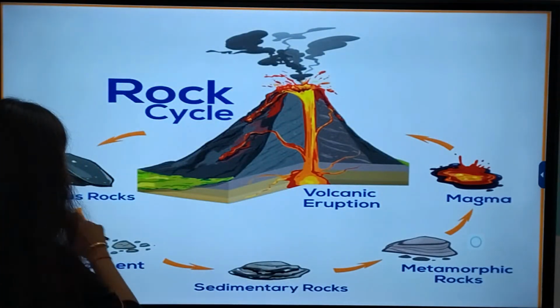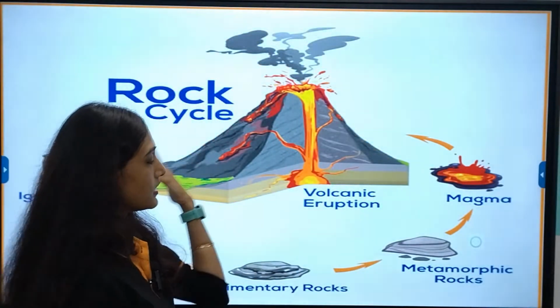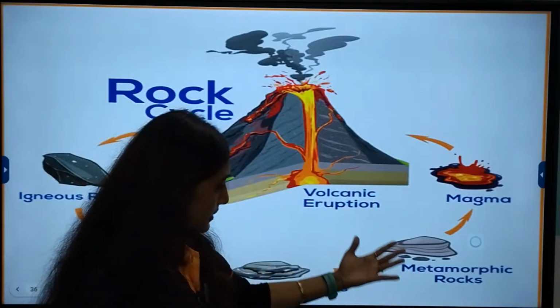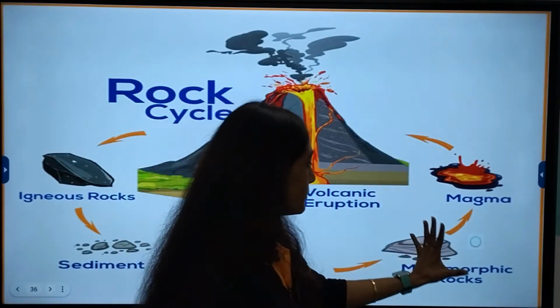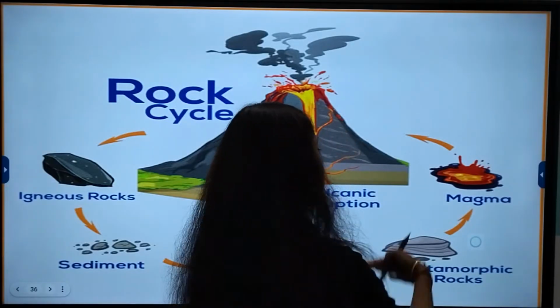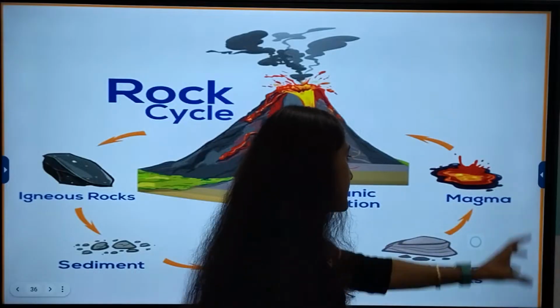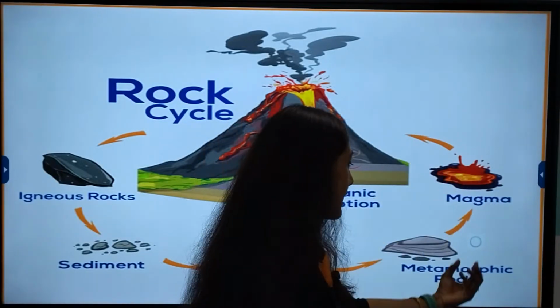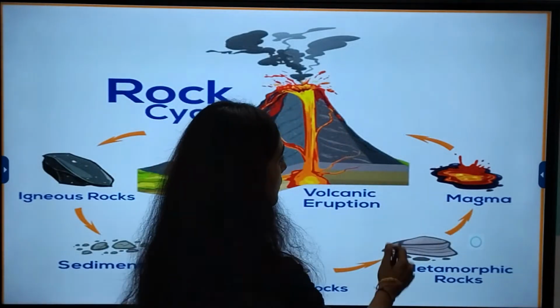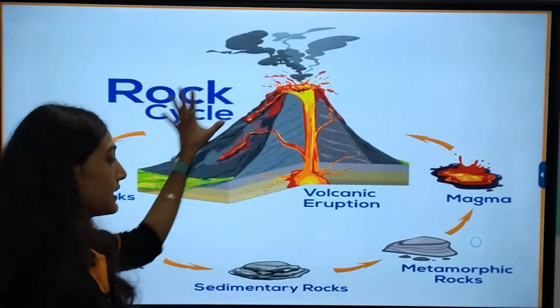And after this, sedimentary rock and igneous rock undergo change in their chemical and physical properties and change into metamorphic rock. And again, by erosion or something, these are converted or mixed with magma or absorbed by the soil, forming magma again, which comes out through volcanic eruption.